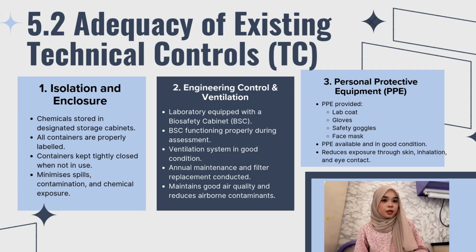Lastly, appropriate PPE, including lab coats, gloves, safety goggles, and face masks, is provided and used during laboratory activities. Overall, these technical controls were found to be adequate and help minimize chemical exposure in the laboratory.